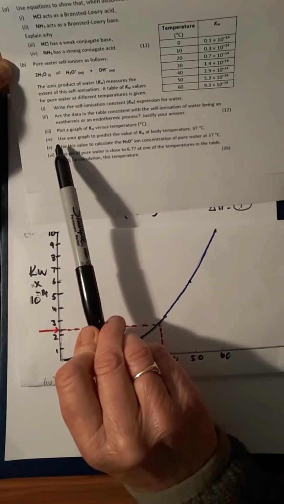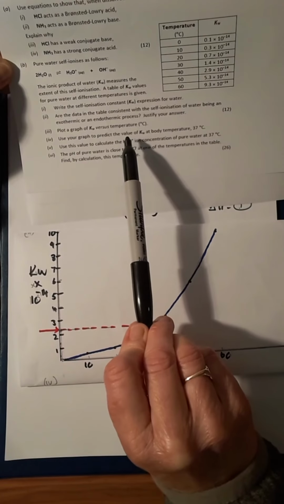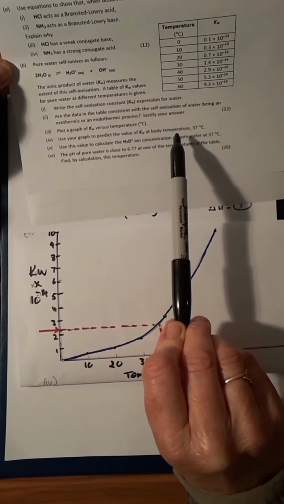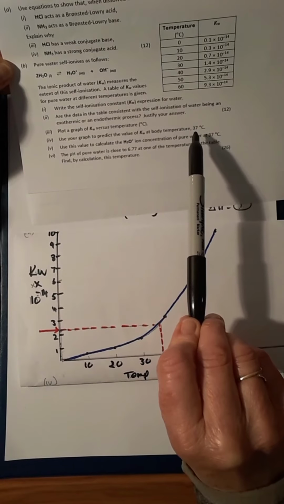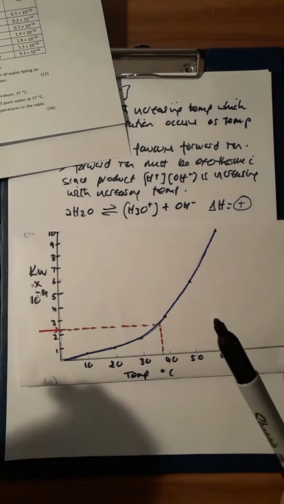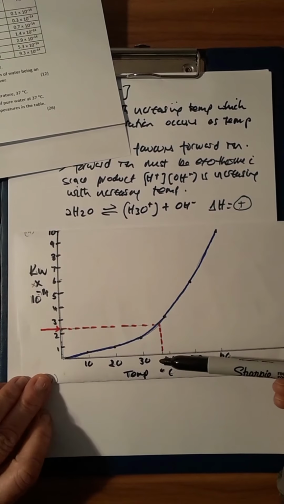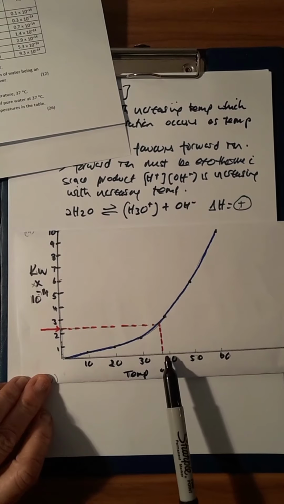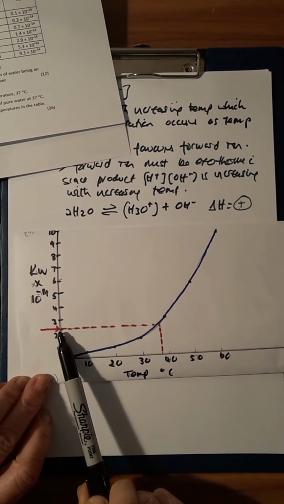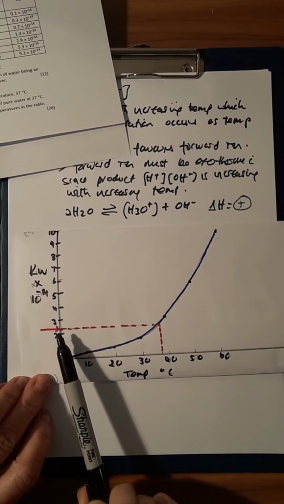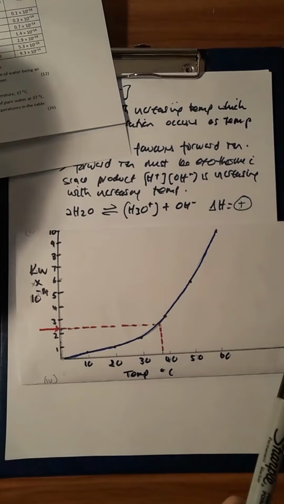Now, the fourth part of the question says, use your graph to predict the value of Kw at body temperature, so at 37 degrees Celsius. So what I've done here is I've marked off 37 degrees Celsius on my x-axis and found a corresponding Kw value for that temperature. So predict the value.